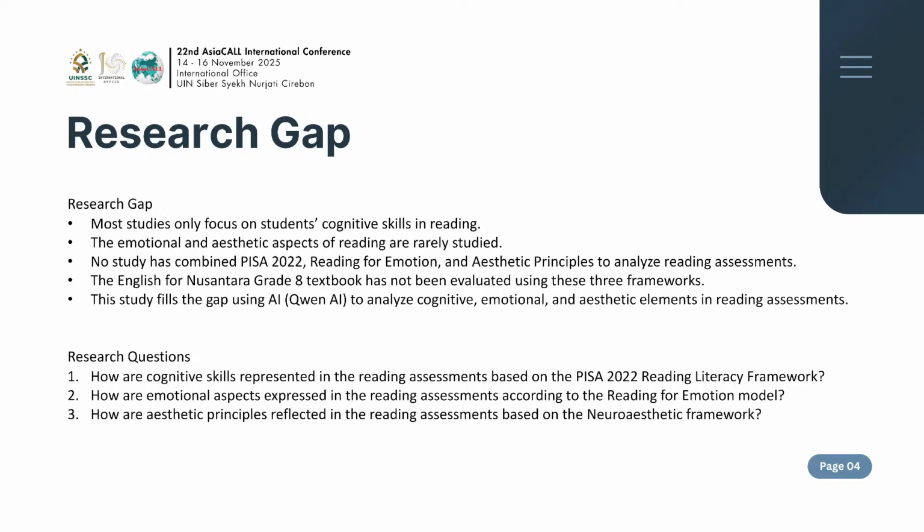And third, how are aesthetic principles reflected based on the neuroaesthetic framework by Ramachandran and Hirstein, 1999. These three questions guide the study to see how reading assessments support not only thinking skills but also emotional and aesthetic understanding.